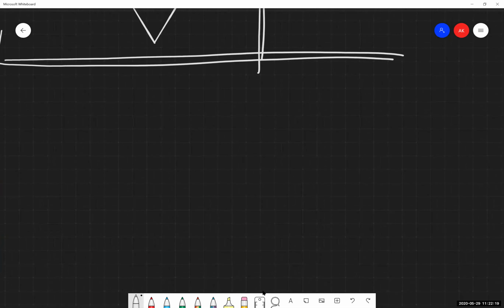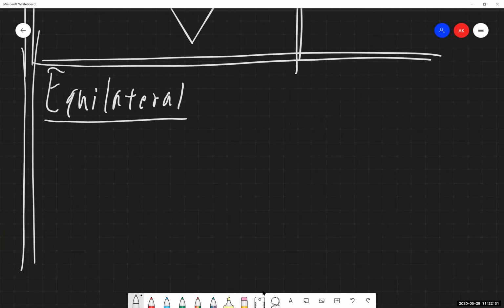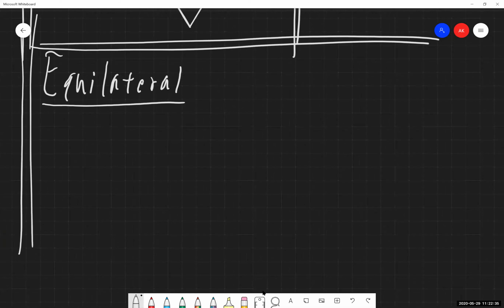Okay, so our first one was equilateral triangles, and some ways that we can see that show up. The nice part about this program is it does a lot of this stuff for me, but I'll show you the key points that you want to look for.